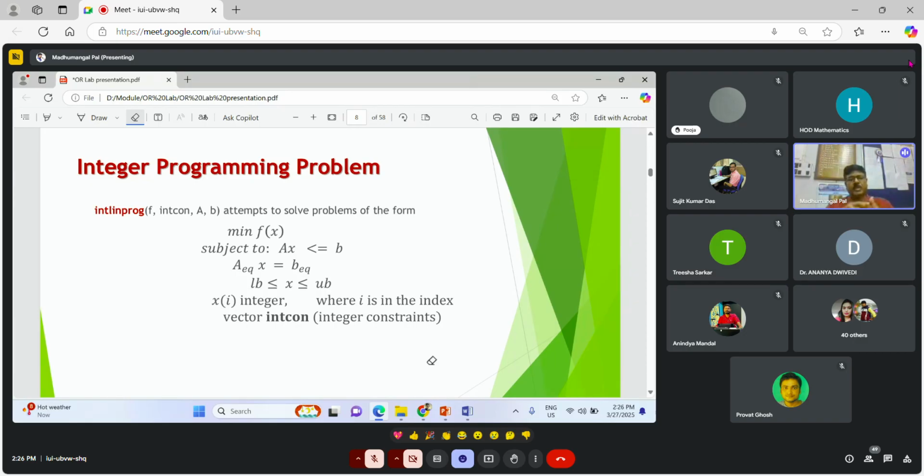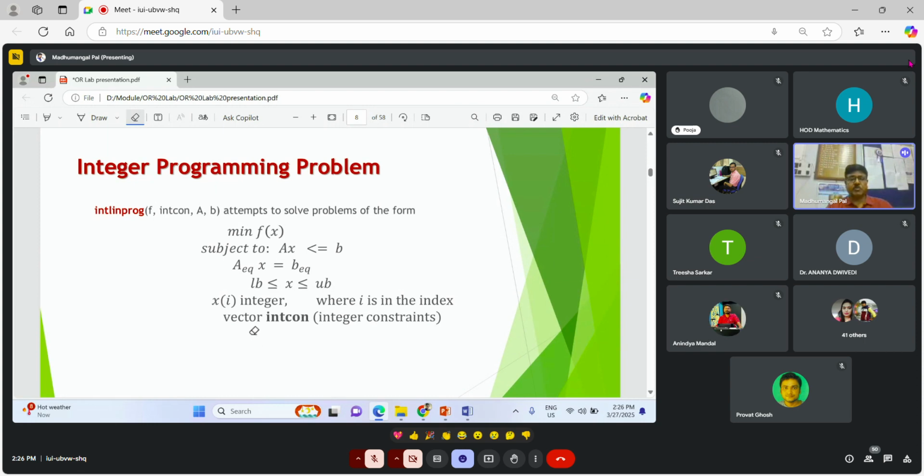Or we can assign all the variables as integer, or one variable, two variables, or three variables as integer type. As per requirement, we can assign which particular variables take integer values and which other variables take non-integer values, that means a general arbitrary real number.